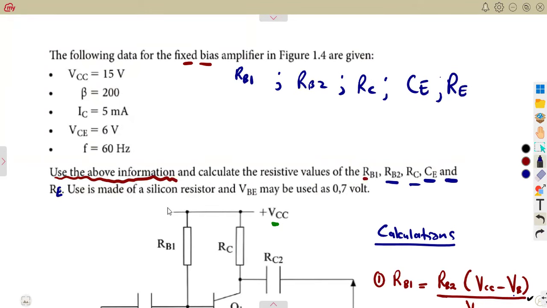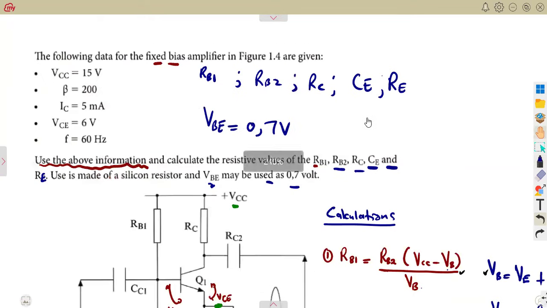So you need to calculate all these. Use is made of silicon. Resistor and VBE may be used as 0.7 volt. VBE can be taken as 0.7 volt. That's what you're given. So the question is, how are we going to obtain this?